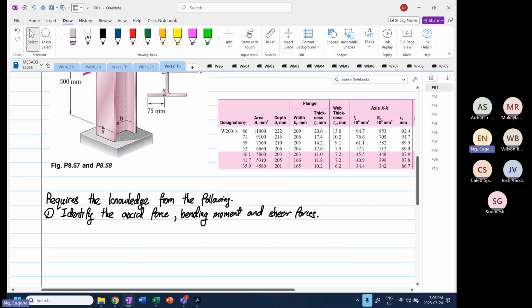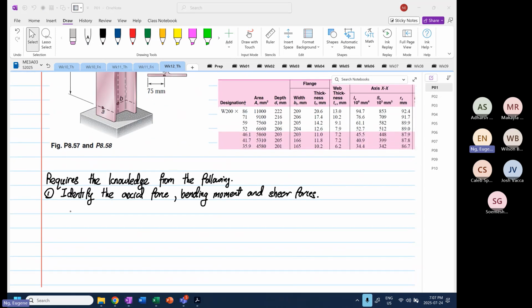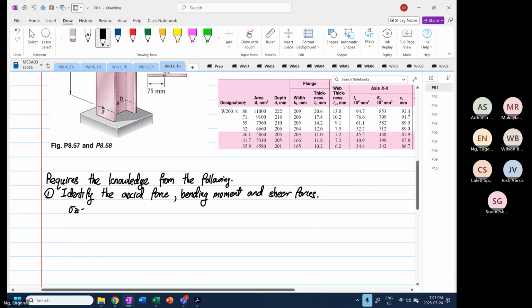We have to identify these because if we look at the transformation, which I'll draw later, the normal stress, which I think you are very good at, is Pz over A plus or minus My over Iyy multiplied by z, and then plus or minus Mx over Ixx multiplied by y.